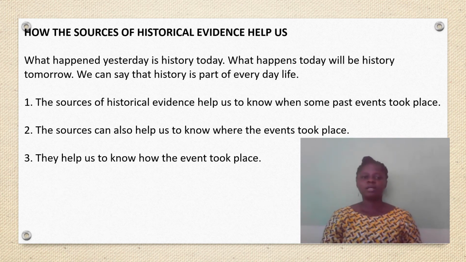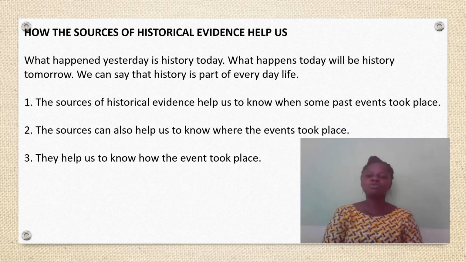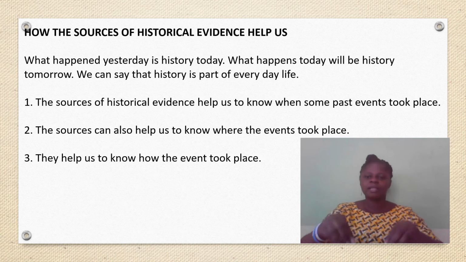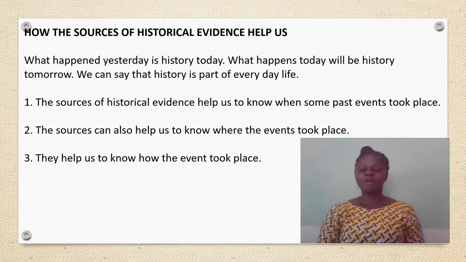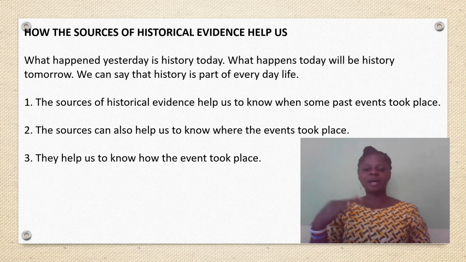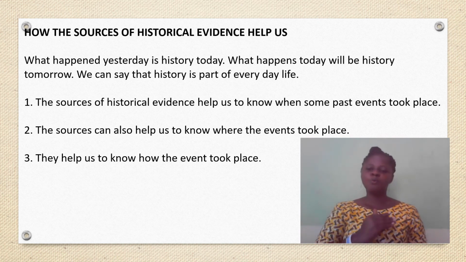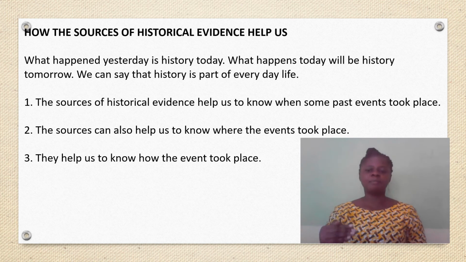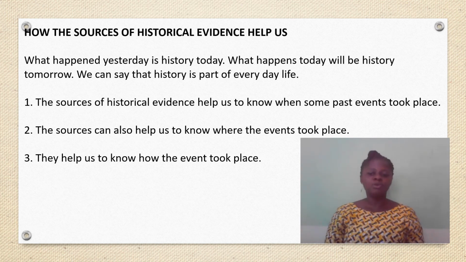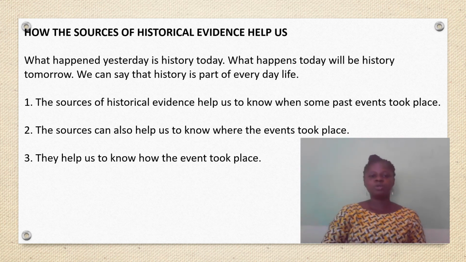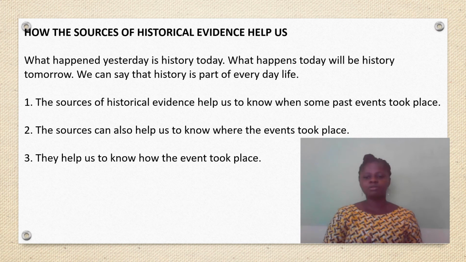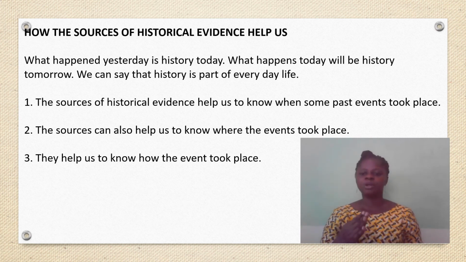The sources of historical evidence help us to know when the event took place, because the event is past. For us to know when it took place, we need some evidence, some reference book, or something to refer to. The historical evidence helps us with that reference.